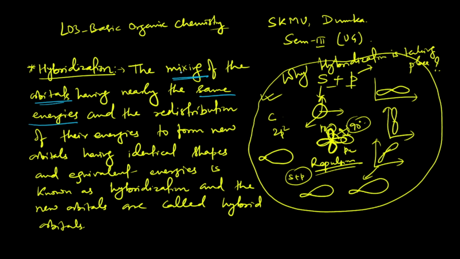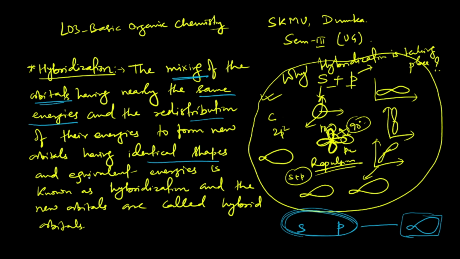Redistribution means before mixing, s has different energy and p has different energy, but after mixing, it will redistribute. Means sp will have uniform energy in the entire set of hybrid orbitals, correct? So that is only redistribution: redistribution of their energy to form new orbitals having identical shapes and equivalent energy.